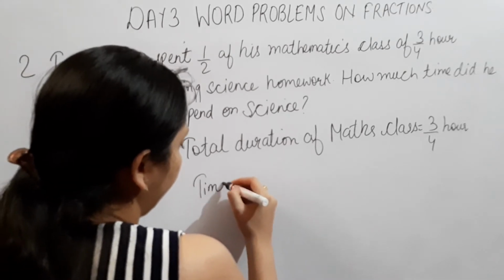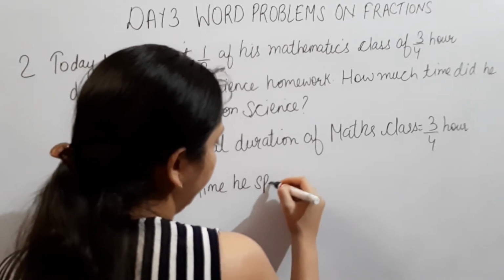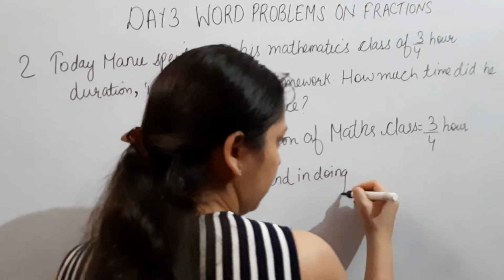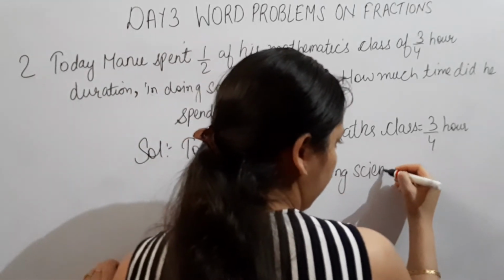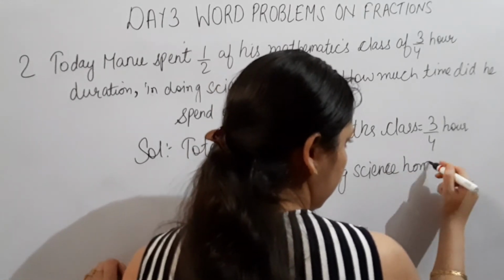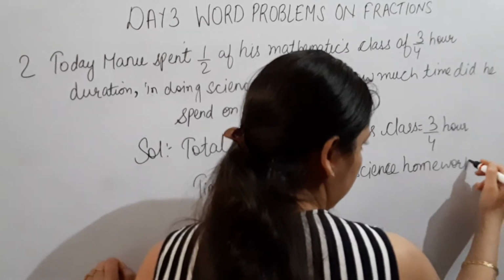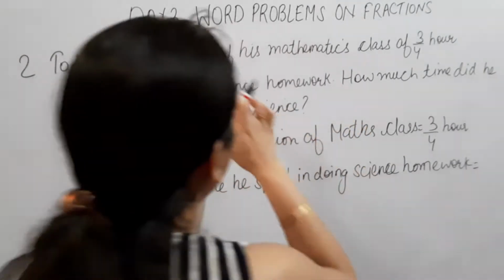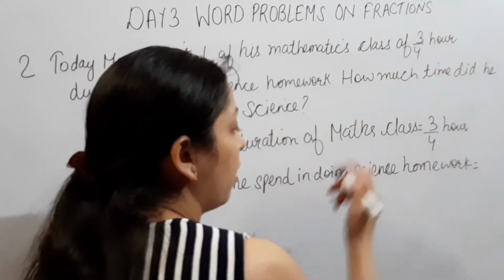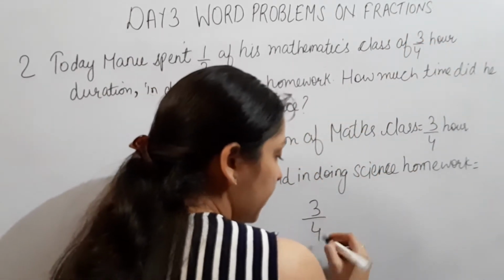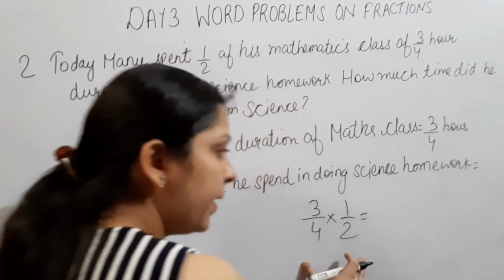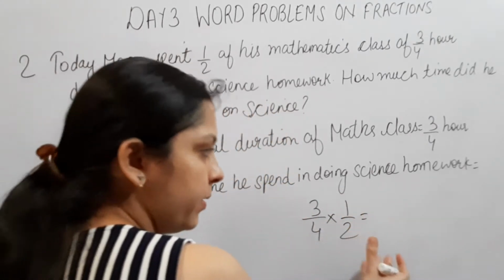Time he spent in doing science homework is equal to half of his mathematics class of 3 by 4 hour duration. Mathematics class duration is this, and half of the time he spent in doing science homework.